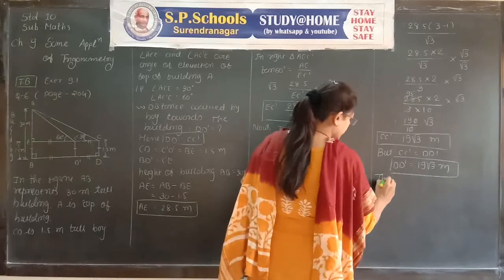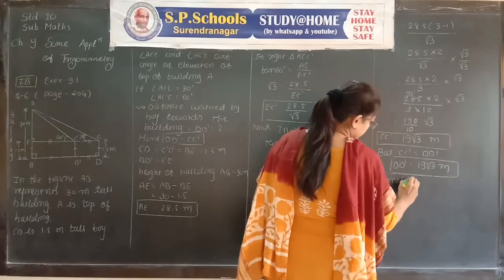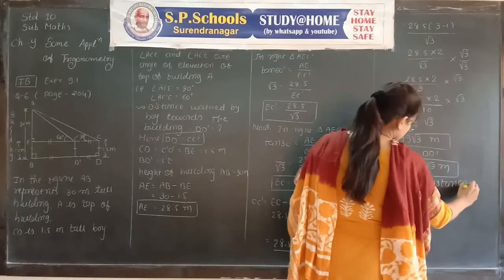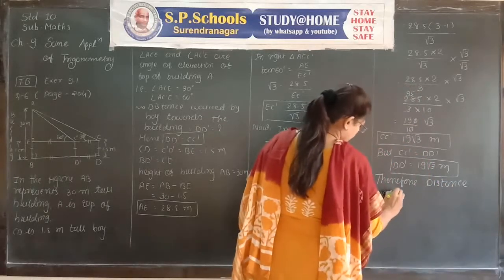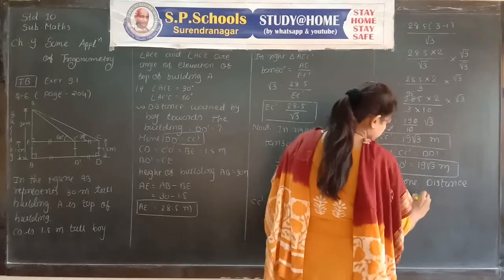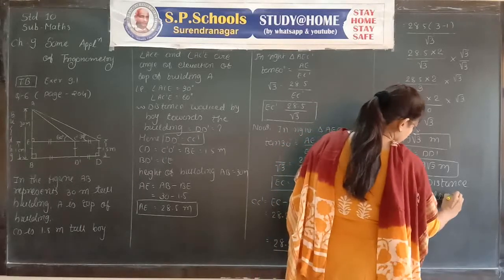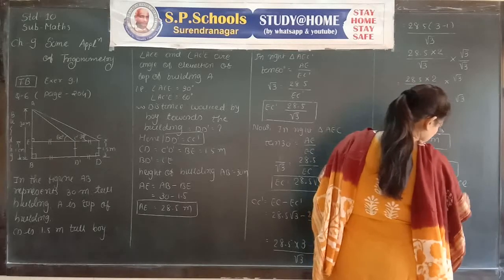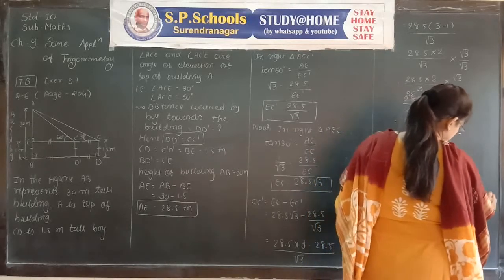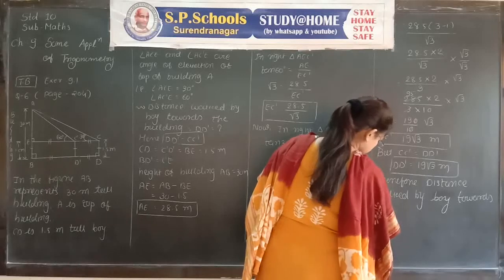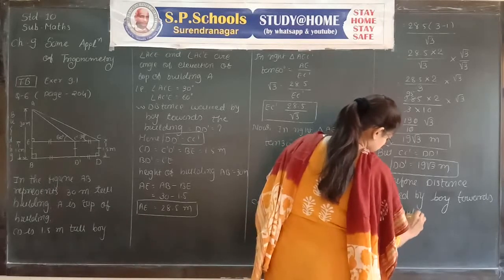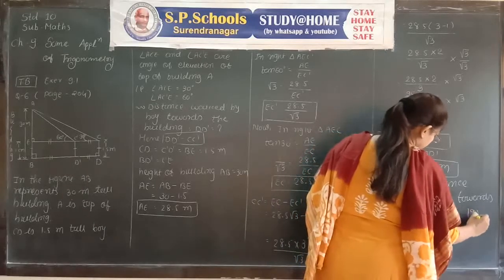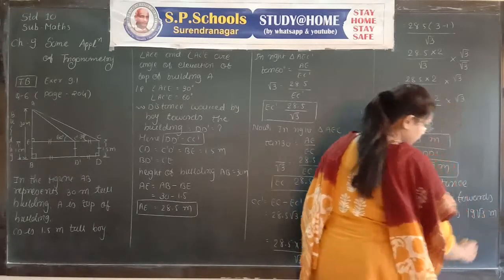Write the answer in a sentence. Therefore, the distance walked by the boy towards the building is 19 root 3 meter.